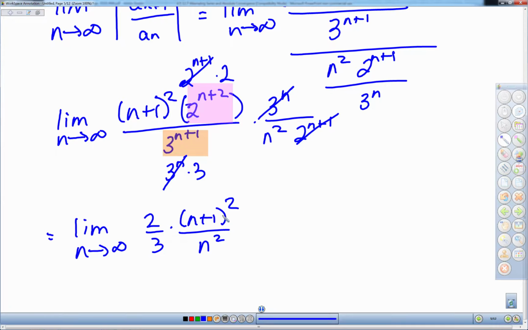Now this right here we unfortunately can't reduce just yet. It's not like we can just cancel the n's, but what we can do is imagine that the numerator would be n squared plus 2n plus 1 over n squared.